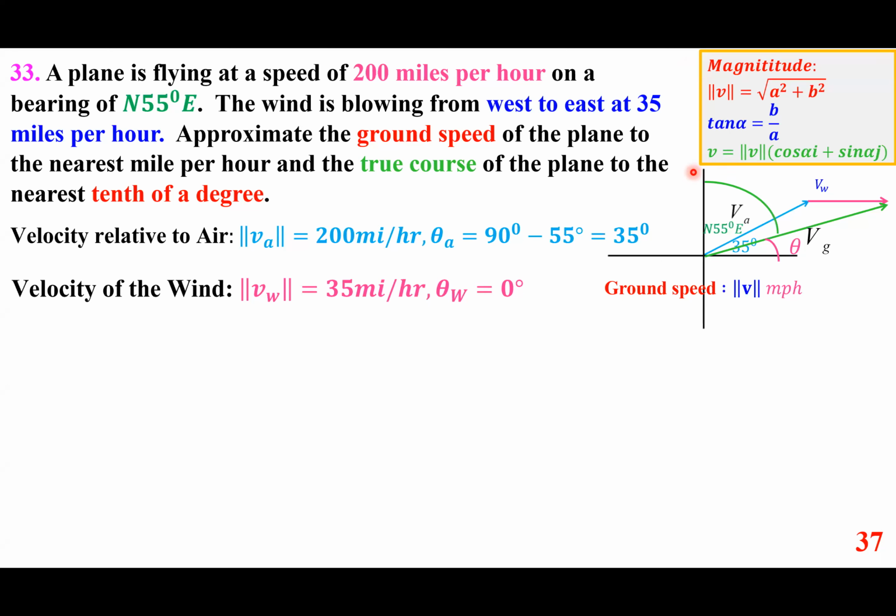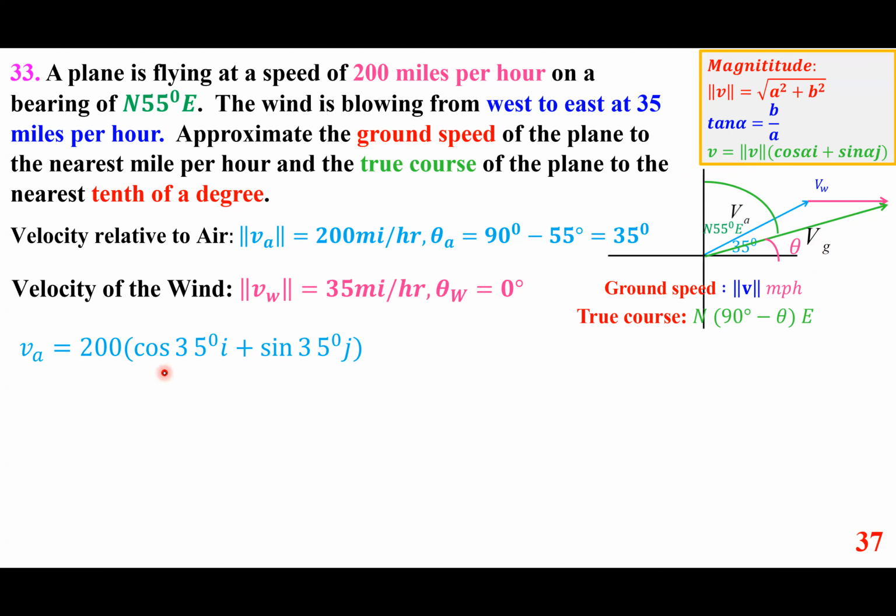What is this angle? 90 minus theta. So we need to find the magnitude, and we need to find this angle. In order to find this angle, all we have to do is find theta and subtract it from 90. So let's get to work.